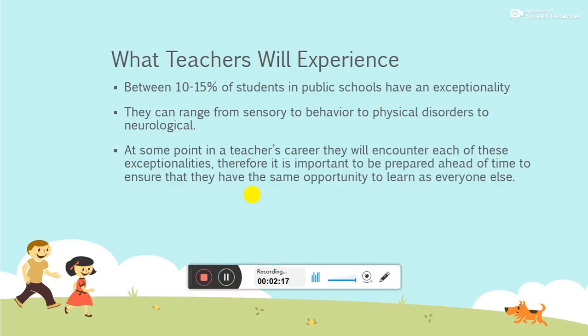Like I said earlier, these exceptionalities can be behavior, physical, neurological, pretty much anything where a student would need a little extra help. So throughout your teaching career, you're going to see these, and it's important to be able to identify these students and not allow them to fall behind like some other teachers would.